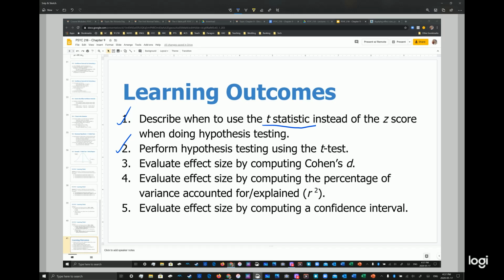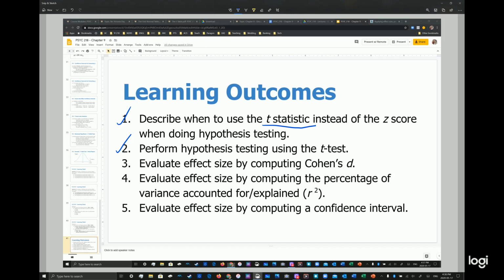Again, the same steps, but keeping in mind that you're going to work with degrees of freedom in the family of t distributions. Setting the right critical region, finding the right critical t-value, comparing that with your test statistic, that is also a t-score, using this estimated standard error, and then making a decision from there.